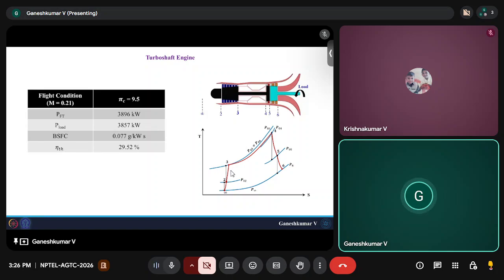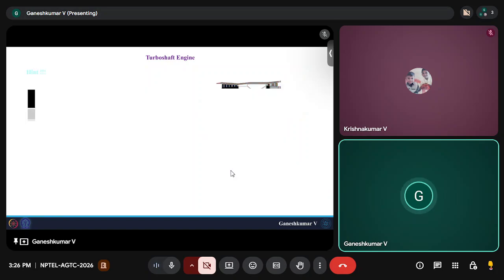Okay, and the brake specific fuel consumption is somewhere around 0.077 grams per kilowatt second, and the thermal efficiency was 29.52 percent. So now if we increase this compressor ratio to 10.5, what would be its effect is what we have to calculate. So the hint is going to be similar.